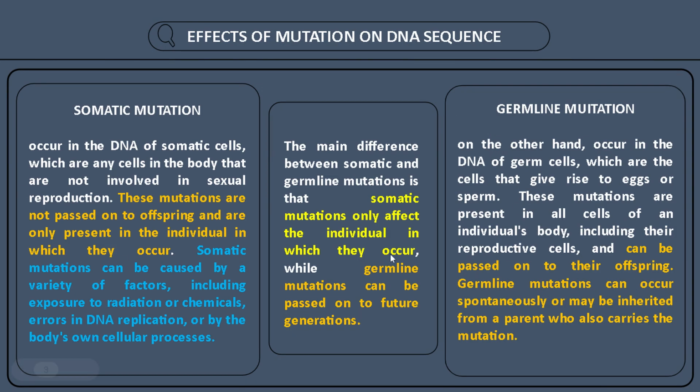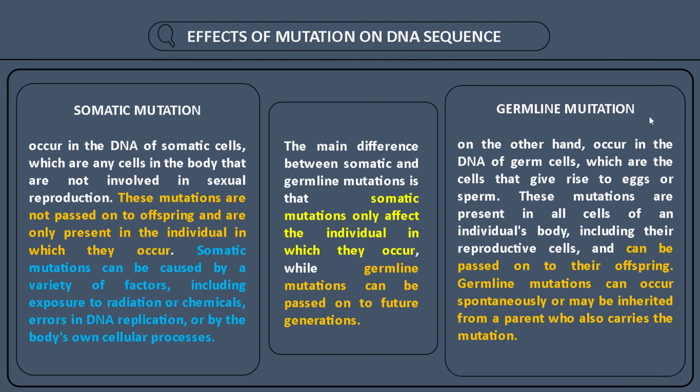Somatic mutation could be acquired from environmental factors such as harmful chemicals, radiation, and viral infections, while germline mutation occurs during cell division, and this could happen due to exposure to mutagens or viral infections.